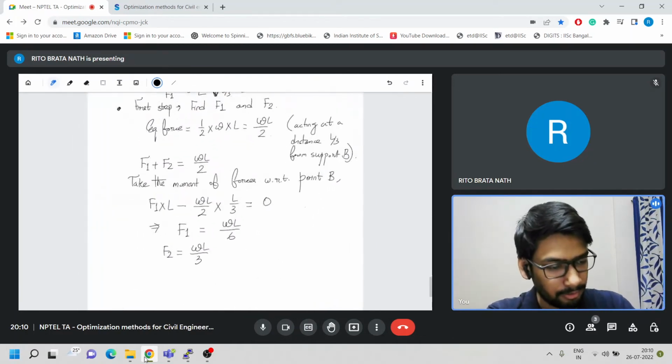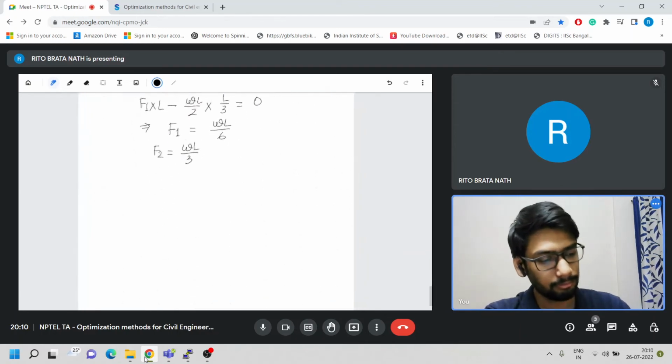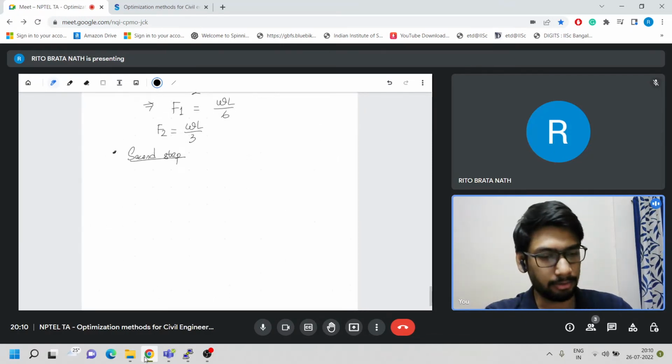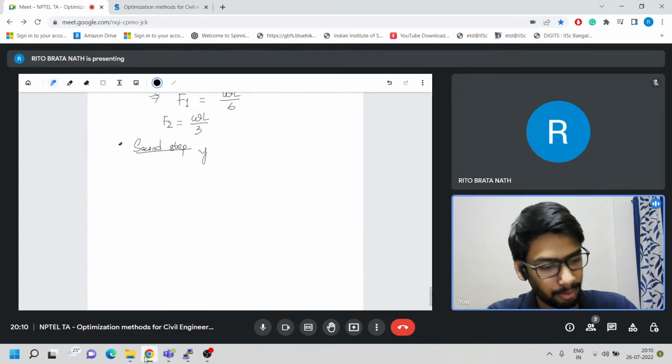So this was our first step. Now I have already taken a section at a distance x. I have already mentioned that by properties of triangle, y by x equals W by L, and you will have y equals Wx by L.